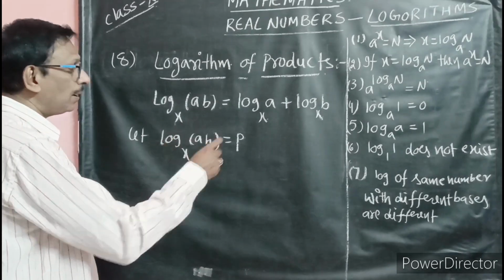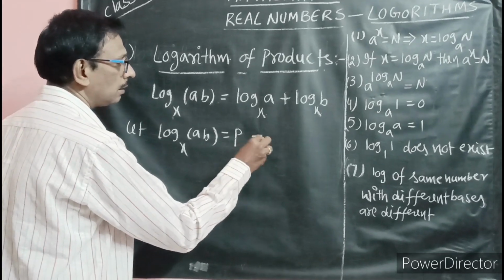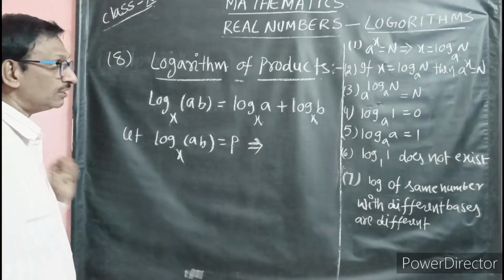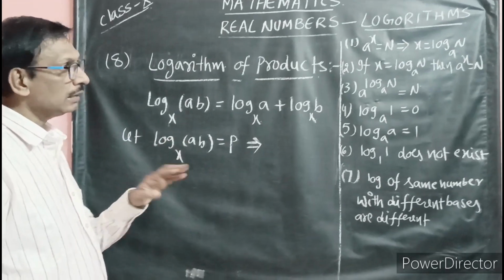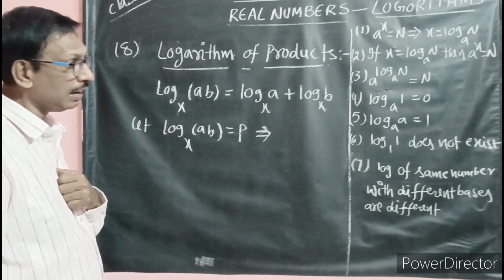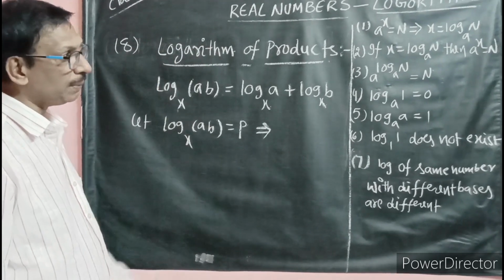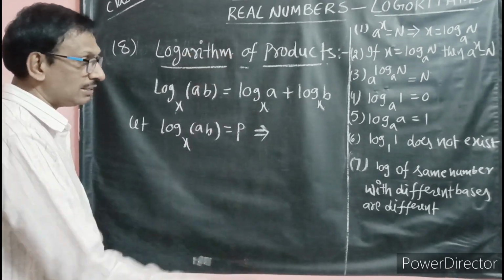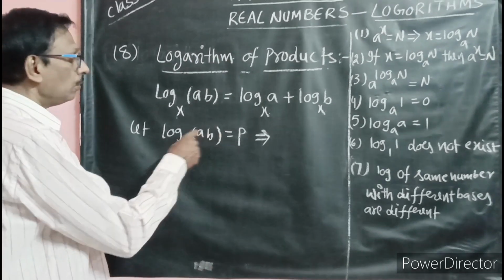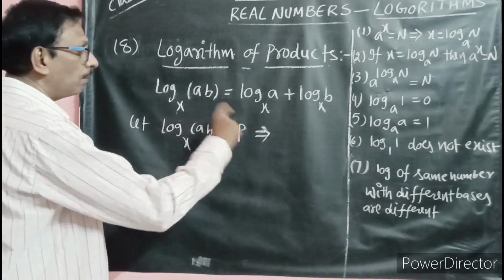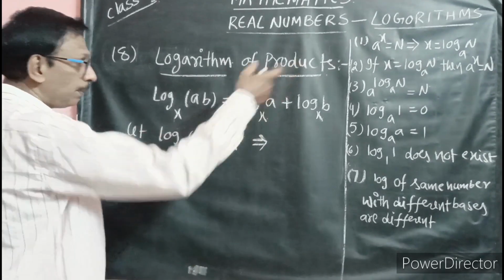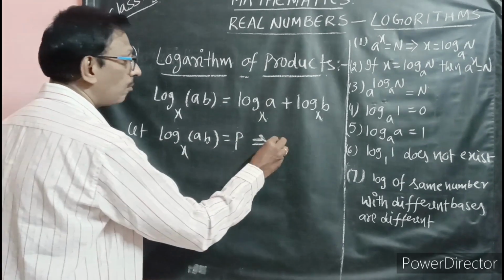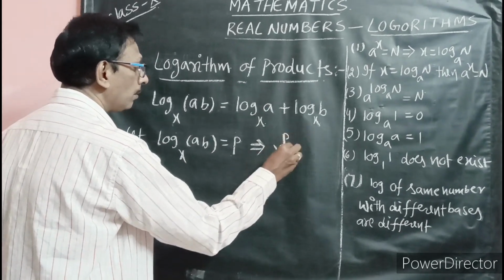Now by applying the first definition, if a power x is equal to n, then x is equal to log n to the base a. If x is equal to log n to the base a, then a power x is equal to n. Now it is logarithmic form. Now we are writing its exponential form. That means x to the power of p is equal to ab.